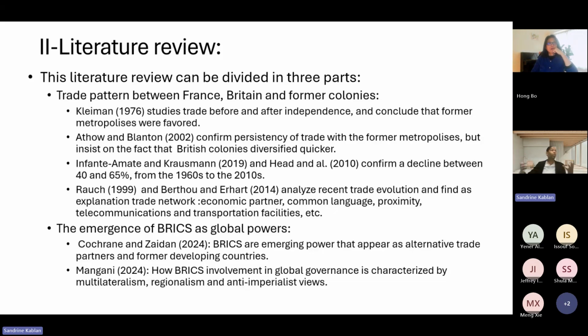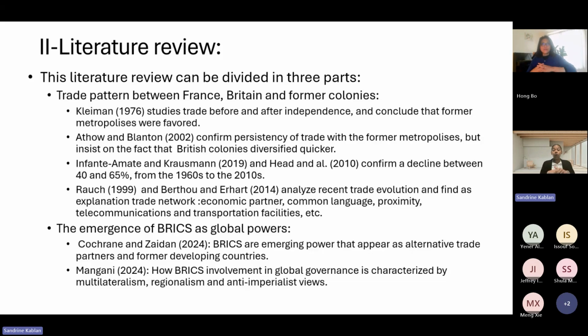So there are BRICS countries, Brazil, Russia, India, China, and South Africa. So papers have been written on their emergence, the type of economic power they set on the international economy.